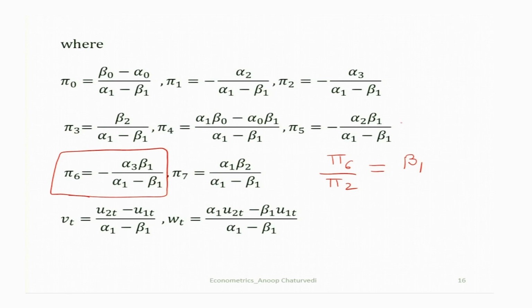Again, you take pi 5 and pi 1. If you divide pi 5 by pi 1, then again you obtain beta 1.